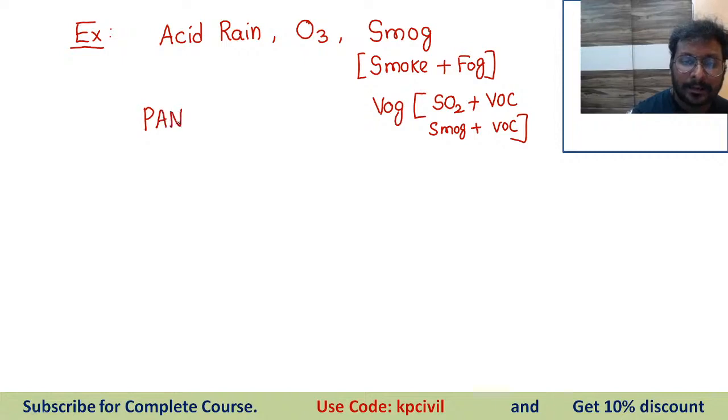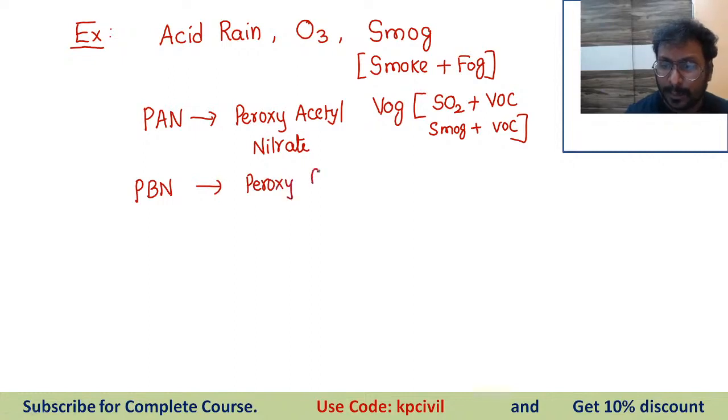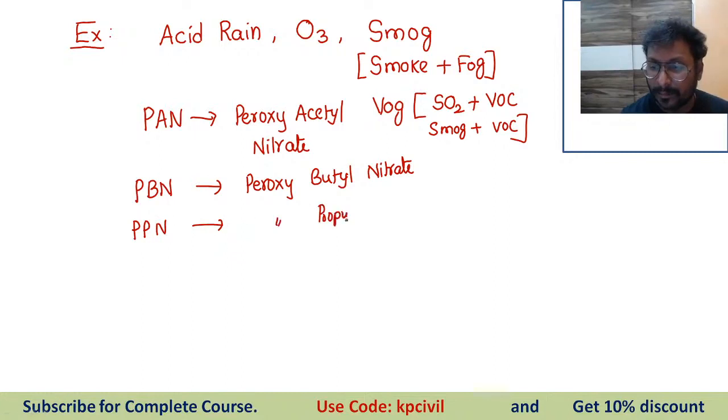PAN is peroxyacetyl nitrate, PBN is peroxy butyl nitrate, PPN is peroxy propyl nitrate.